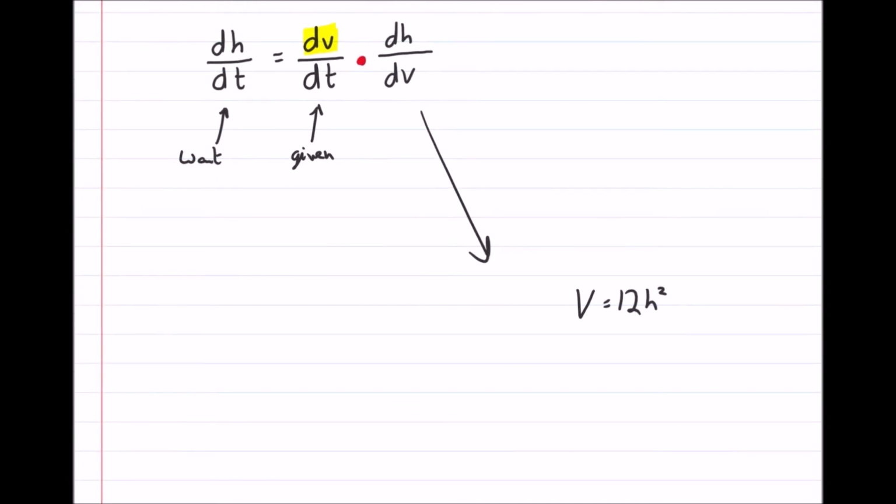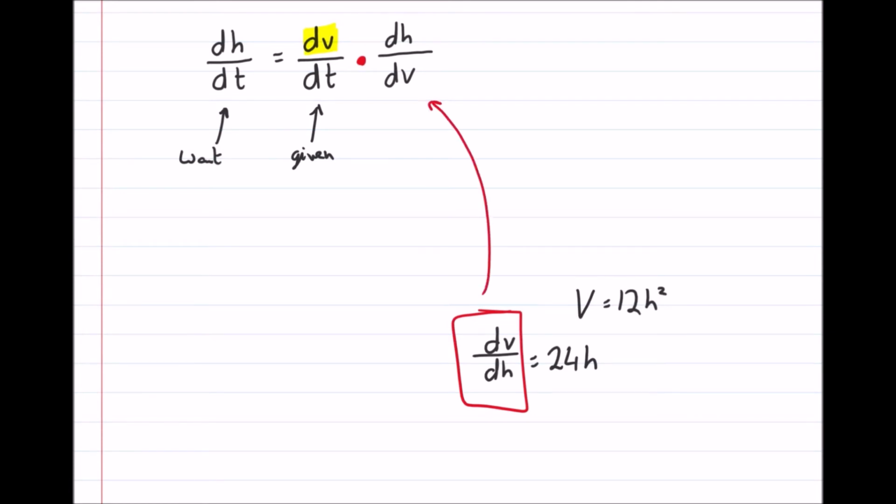So there I have a function that will give me the volume in relation to its depth. Now I want to get the rate of change of that. So dV in relation to dh equals 24h. Notice I have dV, so the volume in relation to the height, but I want the height in relation to the volume. Okay, so the other way around. There is a trick I can do.